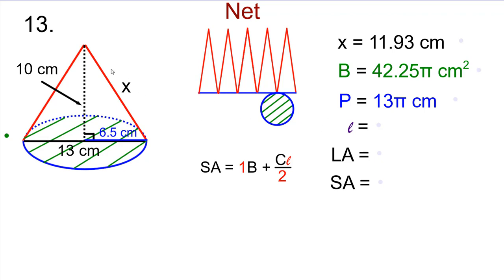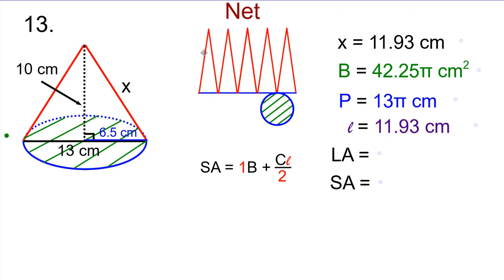Slant height, we actually just solved for that. That was what x was, so that's going to be 11.93 centimeters. Then the lateral area, that's going to be all these triangles, right? Because we unwrap a cone, it's going to be a bunch of triangles that have an infinitesimally small width. But they're still triangles, which is pretty cool. So we do base times height divided by 2. Well, our base here is going to be the perimeter of 13 pi.